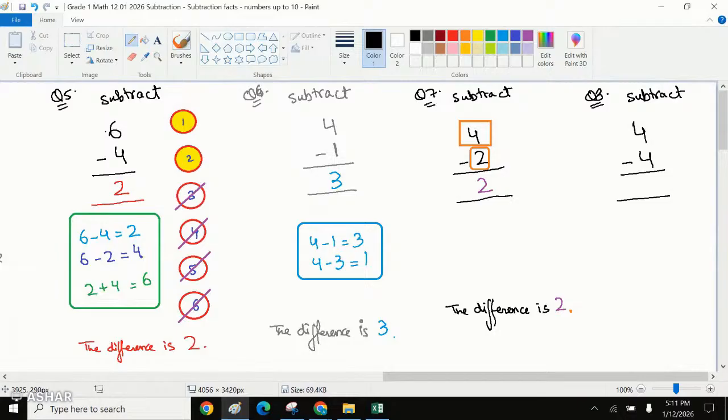See, that means if you open up your four fingers, that is 1, 2, 3, and 4. Minus 4 means you close all four fingers. So how many fingers would be left open? Another example is if you had four candies which you shared everything with your friends. So how many candies are you left with?